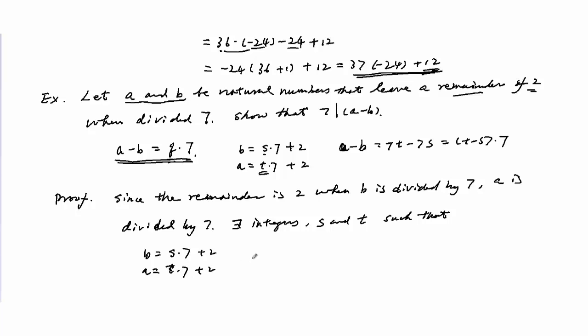So you take A minus B, then this minus this, you get t times 7 minus s times 7. Then you factor 7, you get t minus s. So because A minus B can be written as 7 times this, 7 divides A minus B, and this is the proof.